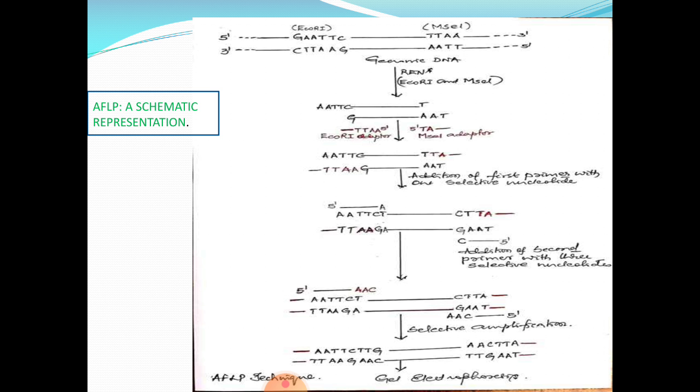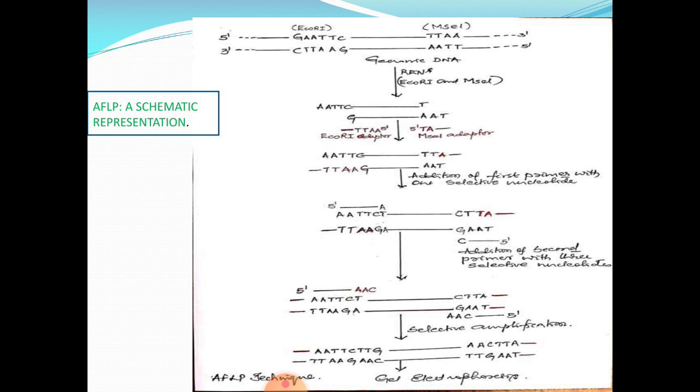Then, after the selective amplification by PCR, the DNA products are separated on a gel. I'll show you in the next slide. The resultant DNA fingerprint is identified by autoradiography, and these AFLP fragments represent unique positions in the genomes and hence can be used as landmarks to bridge the gaps between genetic and physical maps of genomes.